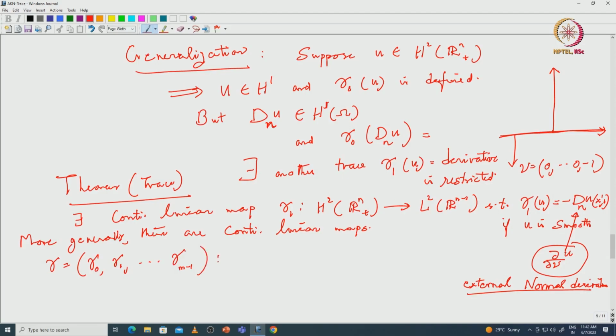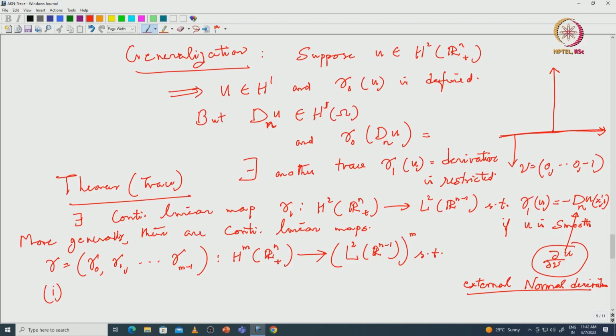All these maps from Hm of Rn plus to L2 of Rn minus 1, each one to its own power, such that, so let me write down everything, you will get the continuous map.